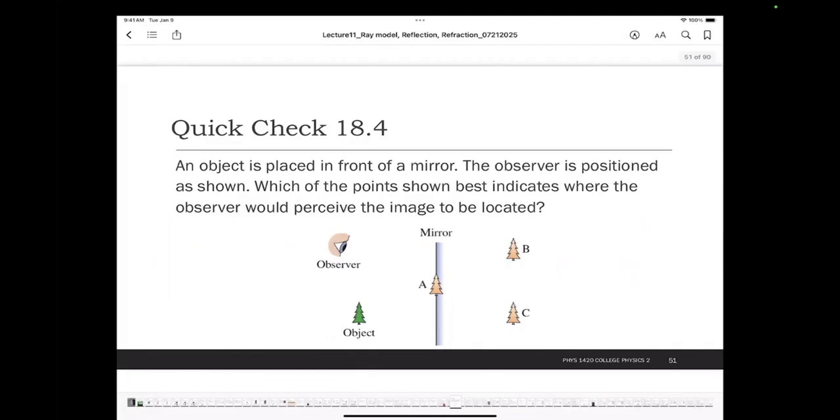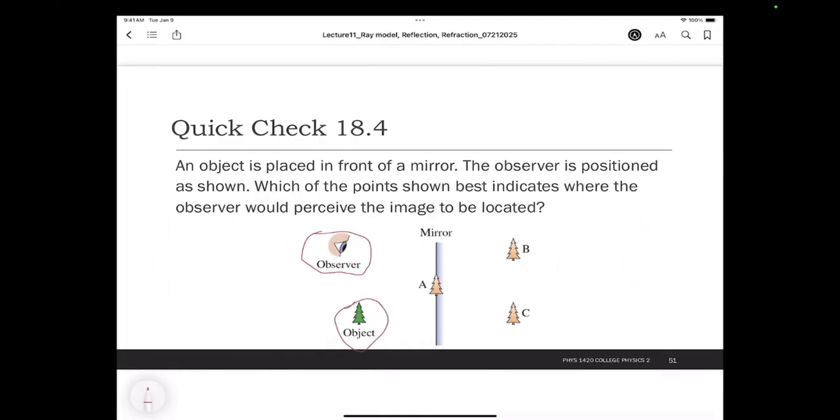Let's talk about some quick check questions. An object is placed in front of a mirror. The observer is positioned as shown. Here is the observer, here is the object. Which of the points shown best indicates where the observer would perceive the image to be located? I think this one is easy.